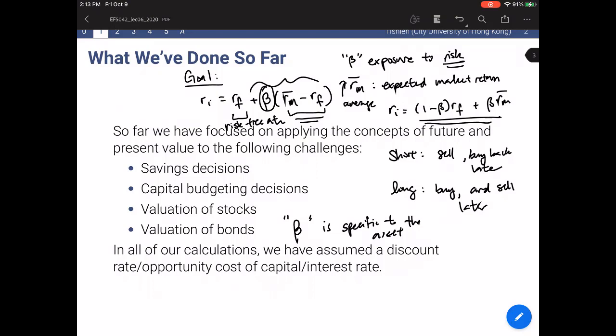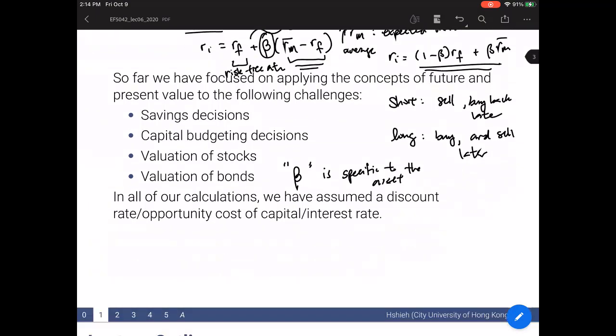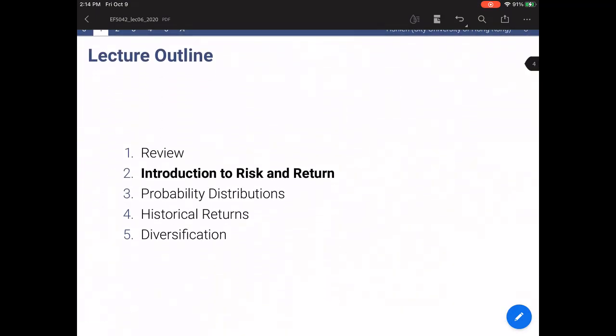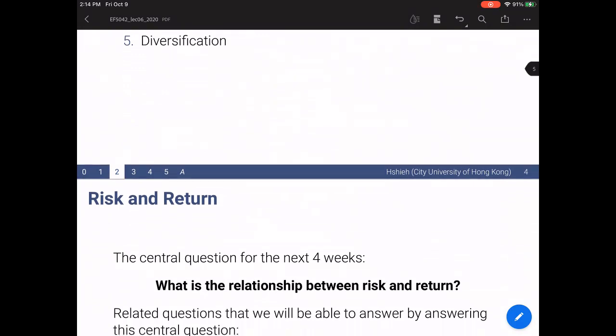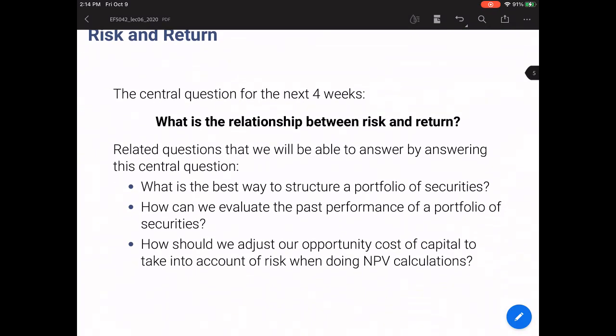All right, so let's move on to the idea of risk and return. The central question for the next 4 weeks is going to be the following. What is the relationship between risk and return? Just thinking it through intuitively, it should be quite obvious what that trade-off should be.